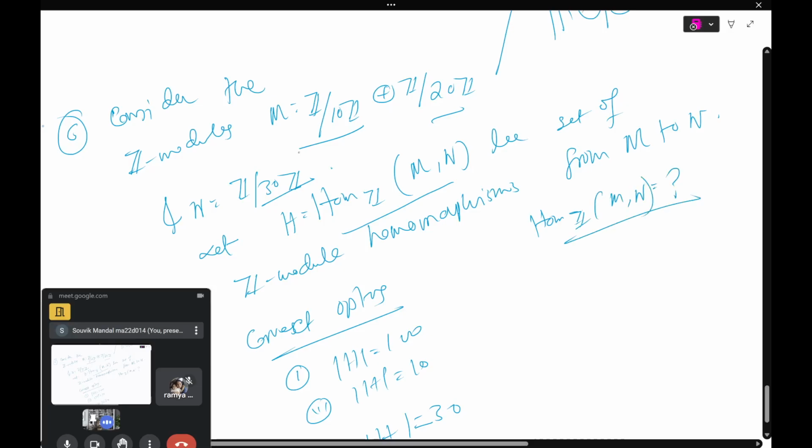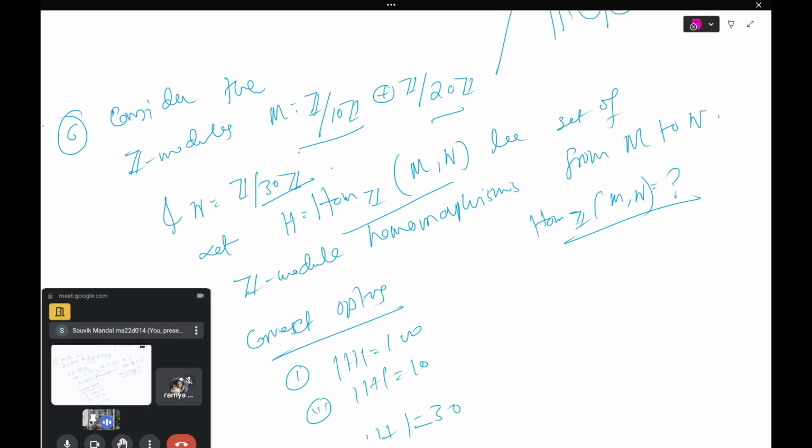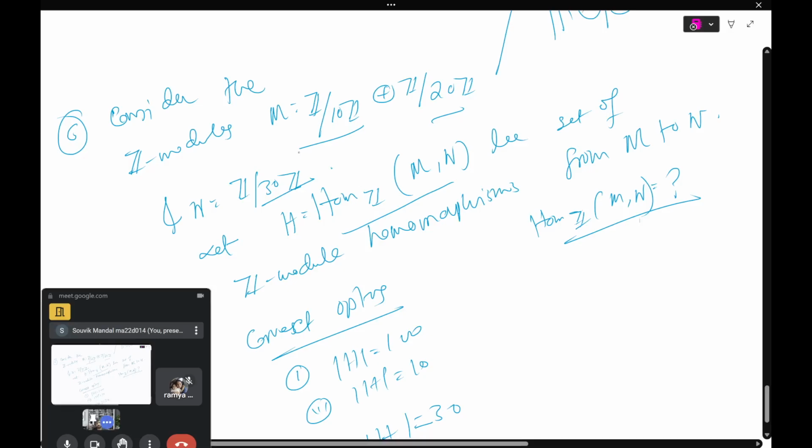I mean, if you have not seen it, it is the set of Z-module homomorphisms from M to N. Now try to understand what the answer will be. Or if you know the answer, please tell me. If you don't know, please also tell me.